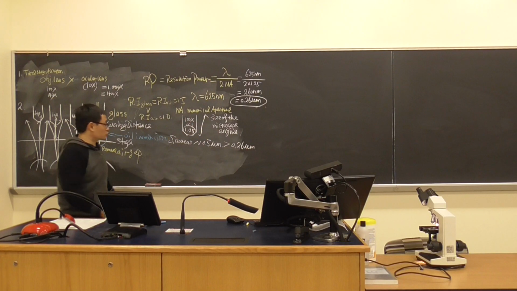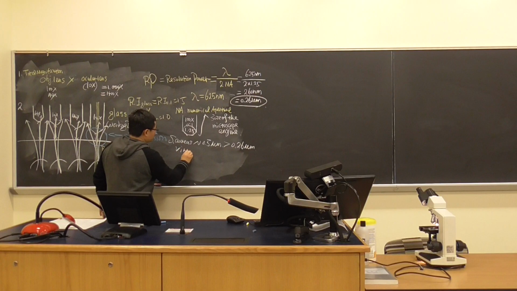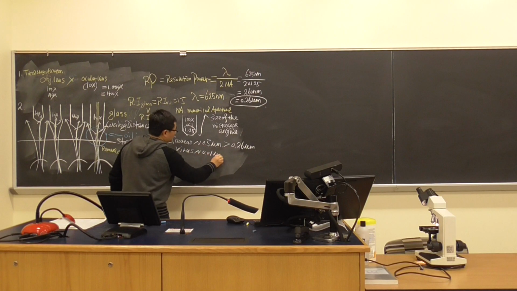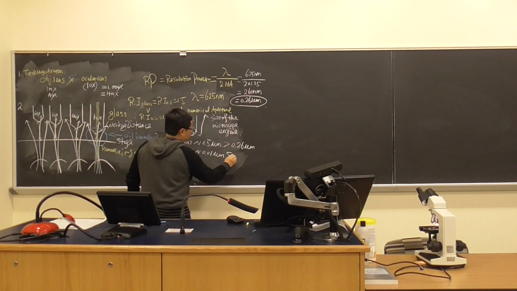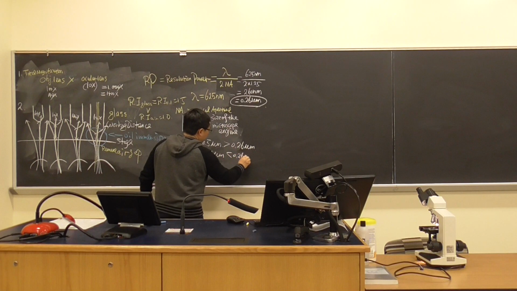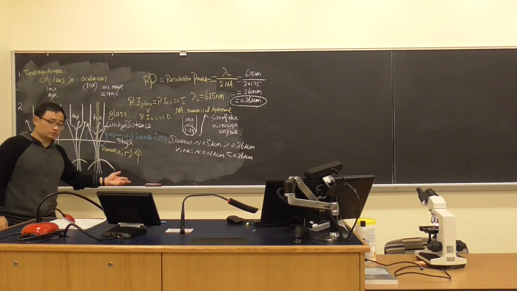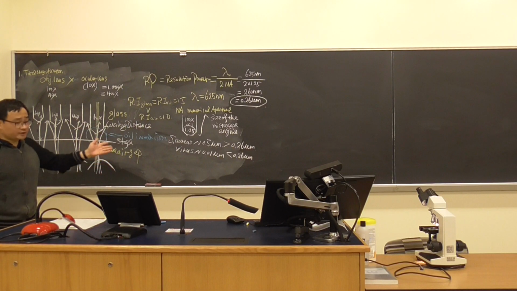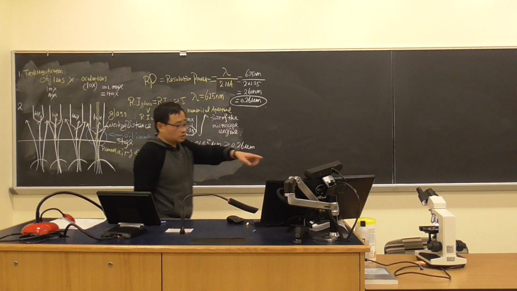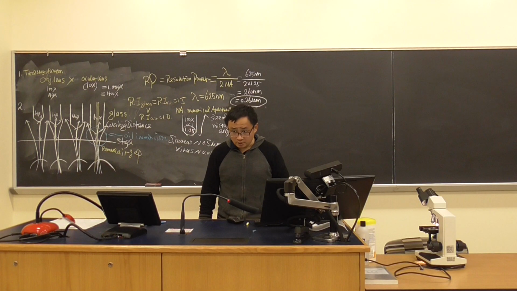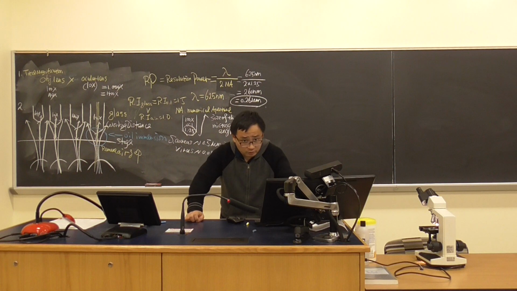But how about virus? What's the size of the virus? 0.01 micrometer. This is less than 0.26 micrometer. Therefore, can we use a light field microscope like this to observe a virus? No, we cannot, because the resolution power is not strong enough.